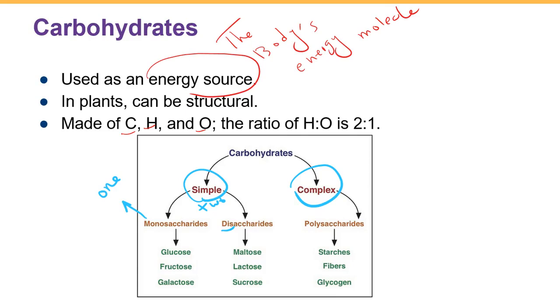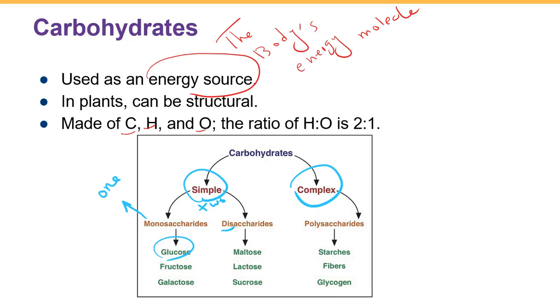The most common monosaccharide is glucose, which our body uses for quick energy, as our brain needs glucose to make energy. Disaccharides are made up of two sugar molecules, such as sucrose, table sugar, or lactose, the milk sugar. Some people cannot digest lactose because they do not have the enzyme to digest it, which is called lactose intolerance.